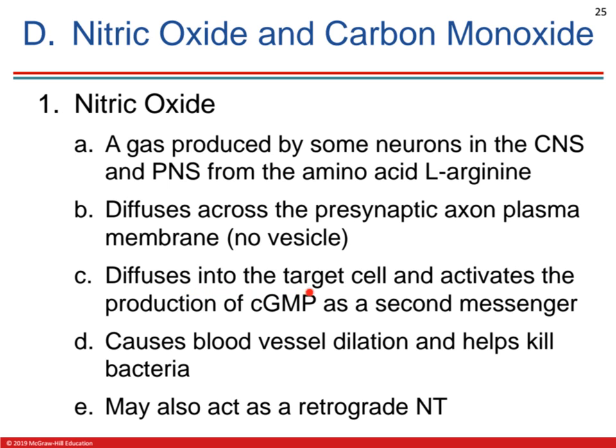It diffuses into the target cell and activates the production of cyclic GMP, typically, which is a type of second messenger. In the peripheral nervous system, it can lead to blood vessel dilation. It can also help kill bacteria, and it may also act as a retrograde neurotransmitter.